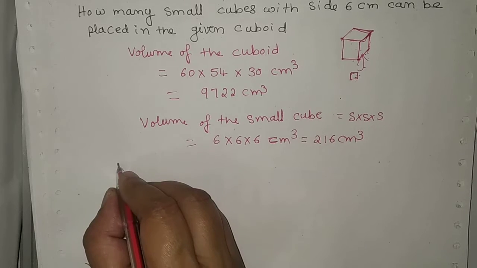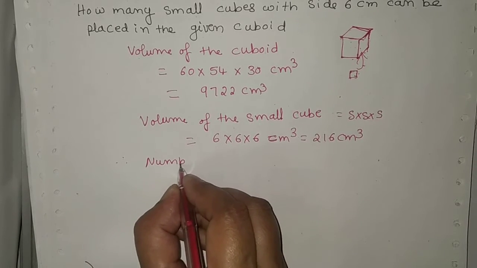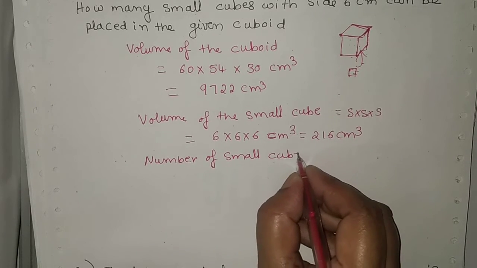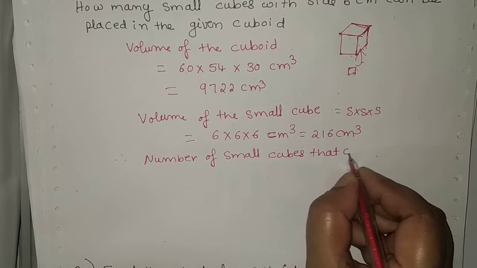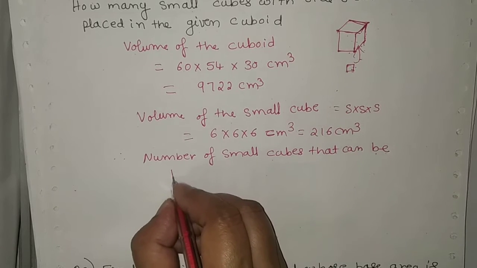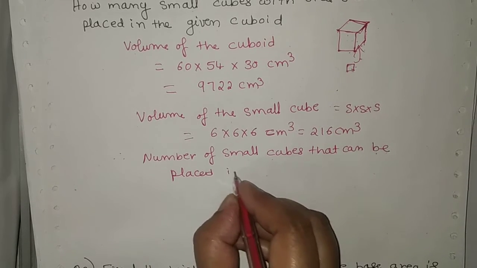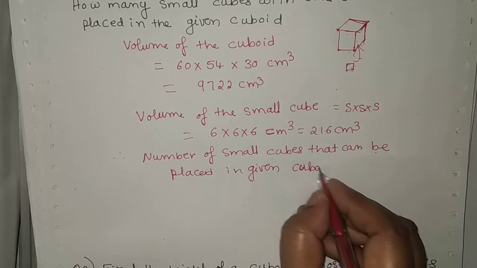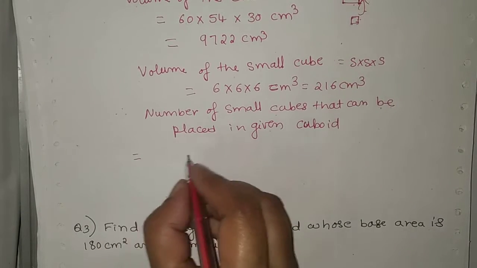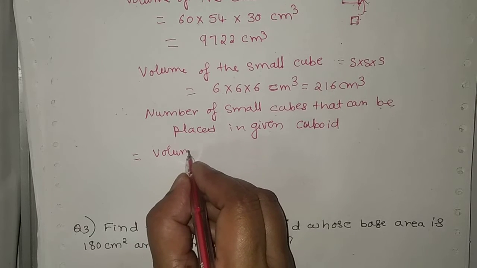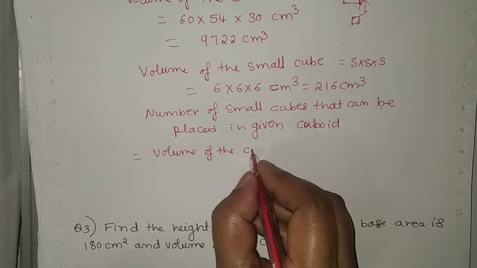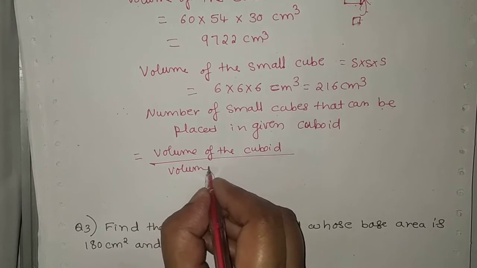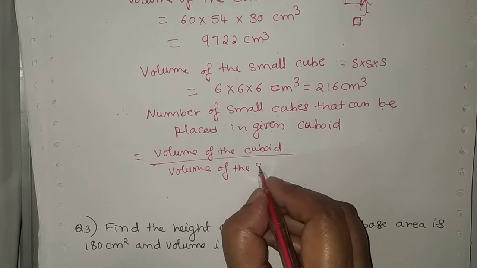Therefore, the number of small boxes or cubes that can be placed in the given cuboid is equal to, the formula is, volume of the cuboid divided by volume of the small box or small cube.